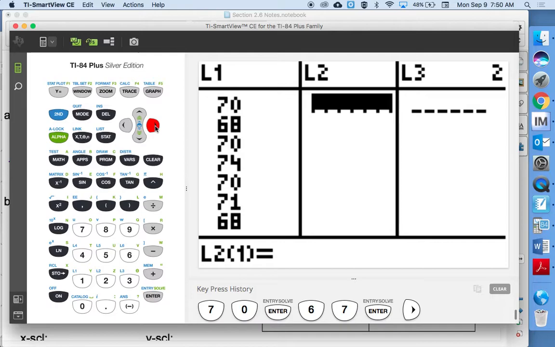And then arrow over using your right key, and then get those Y values into L2.